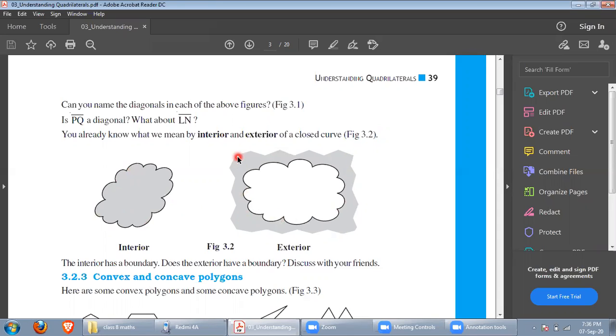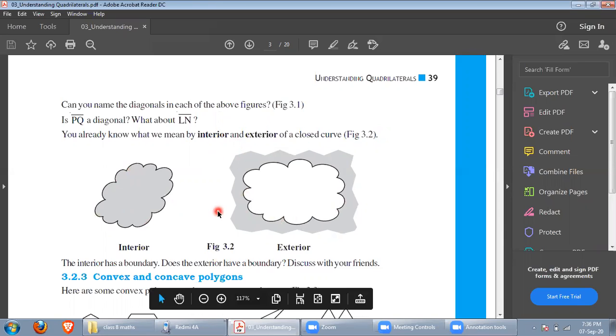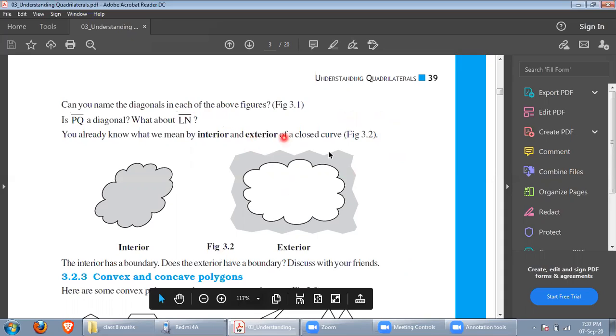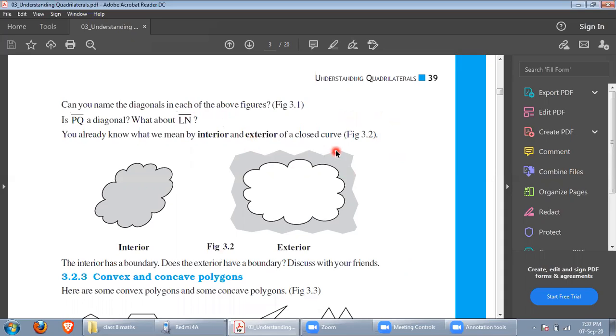But suppose it is drawn on A4 paper. Whatever is inside the curve is the interior, and whatever is outside the curve, up to beyond the boundaries of the A4 size paper, will be the exterior of the curve. Correct?